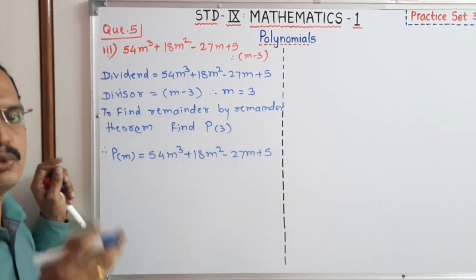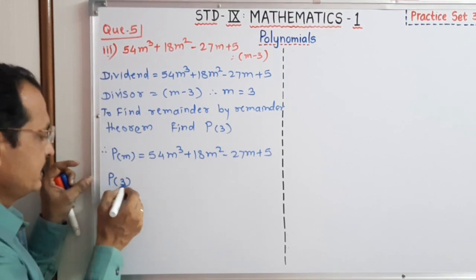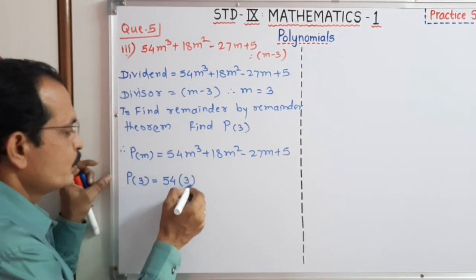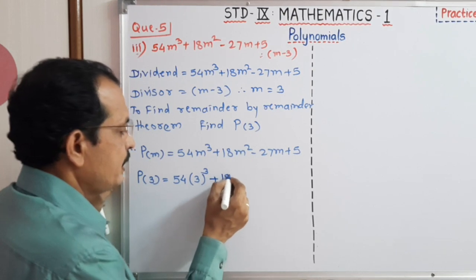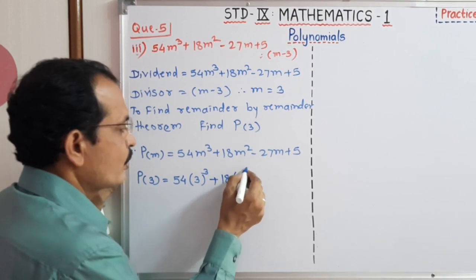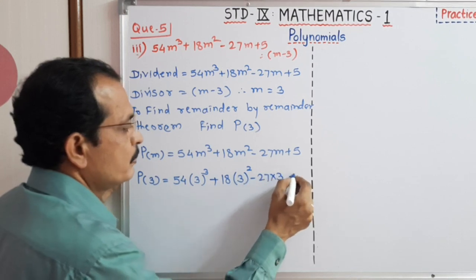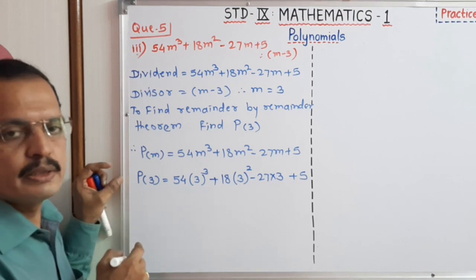Now dear student, we have to substitute the value. P3 is equal to 54 into cube of 3 plus 18 into square of 3 minus 27 into 3 plus 5. We have to solve this.